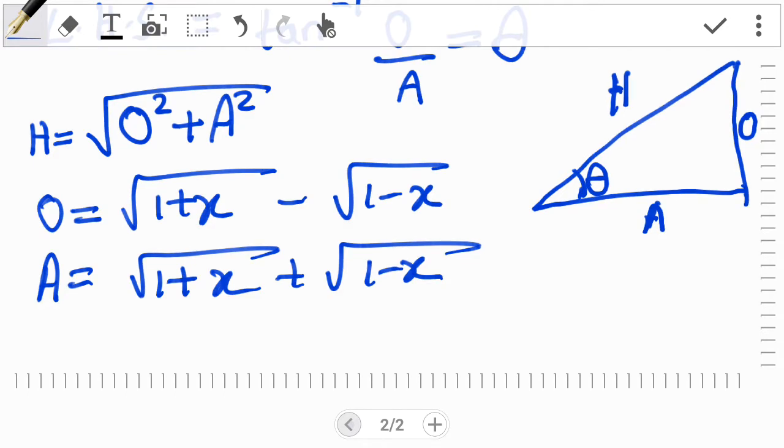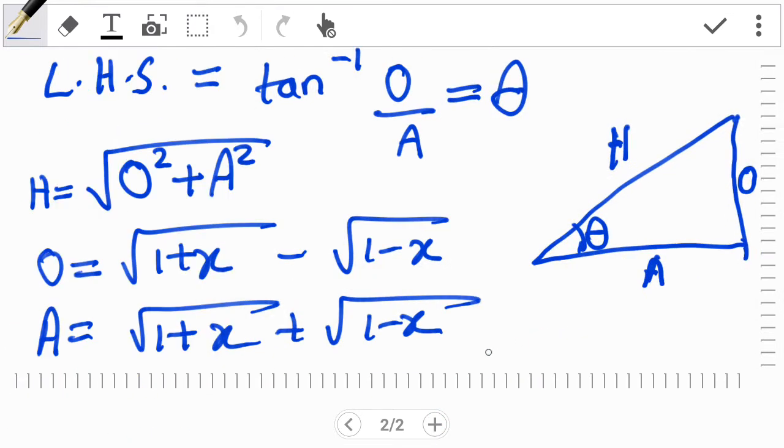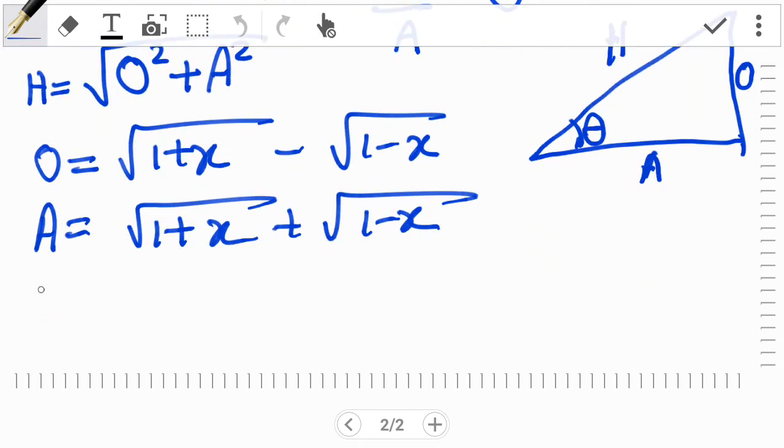So you can see here, this was O and this is A. So we know O and A. From the theorem of Baudhayan we can calculate the hypotenuse, which comes out to be 2. You can square and sum these, and the sum will come out to 4, and the square root of that will come out to 2. You can try this yourself if you want. So the hypotenuse is 2.